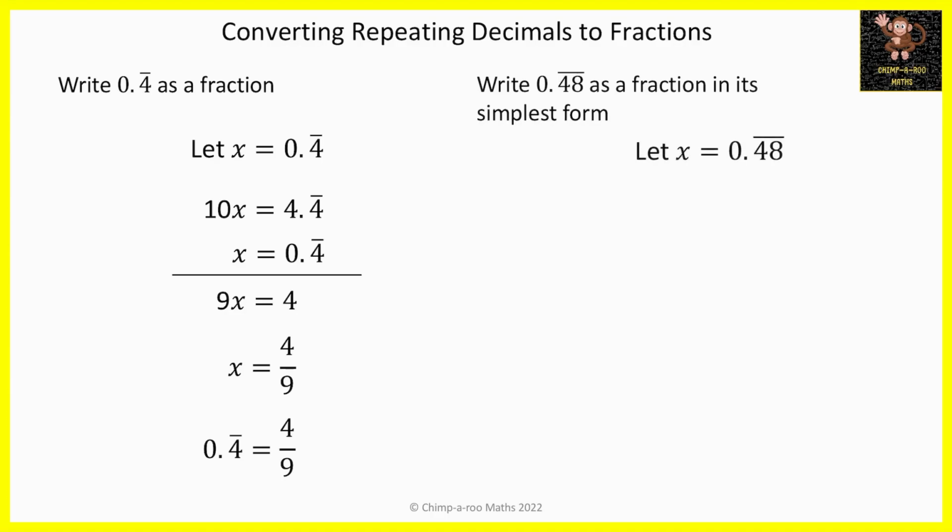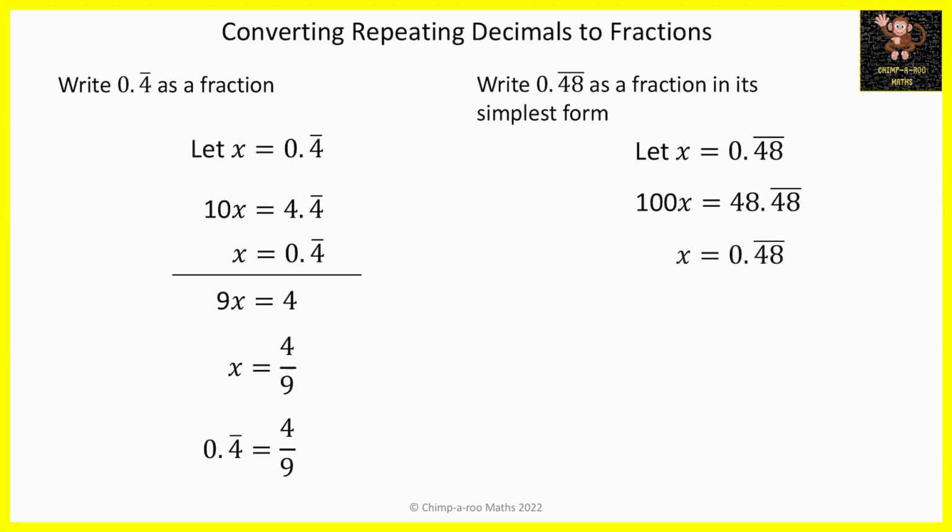Okay, so again, we'll let x equal 0.48 recurring, but timesing it by 10 is not going to help because that will give us 4.84848484, and the digits are not going to line up. But it's in a block of 2. Let's try writing down 100x instead, which gives you 48.48 recurring.